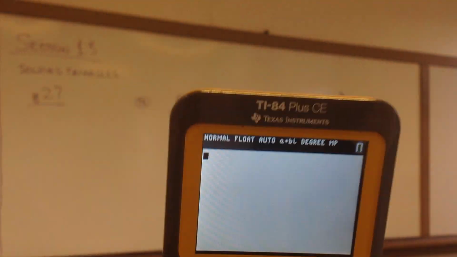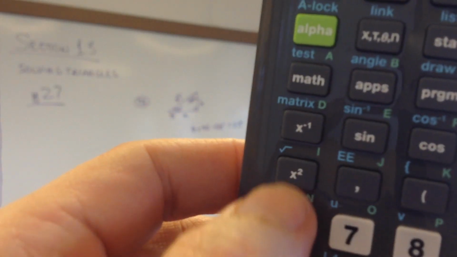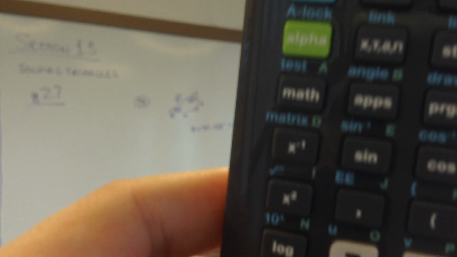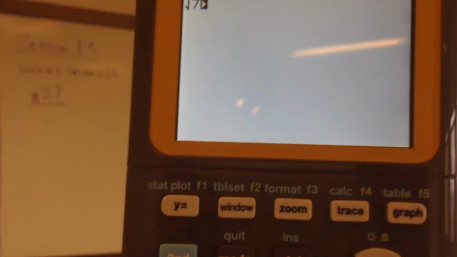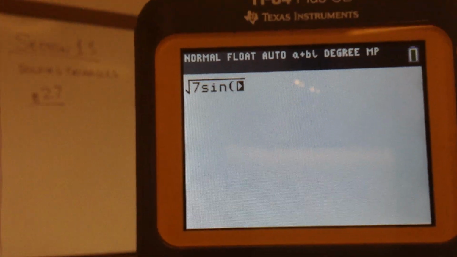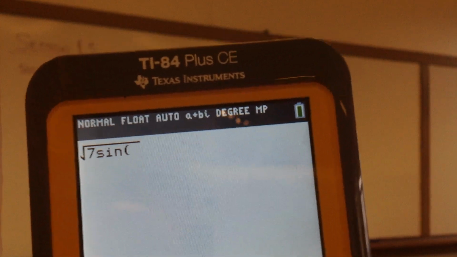There we go. Okay, so we want to do square root 7. So there's the square root right there. So square root 7, right, like that. See, now if I hit sine, it's going to stay under the square root. That's not what I want to do.